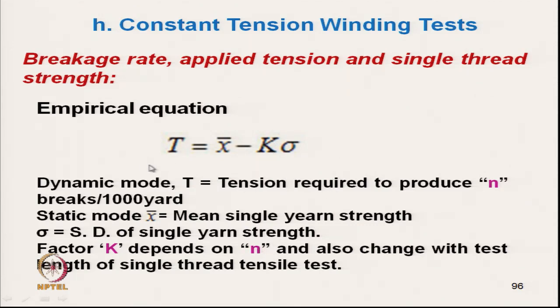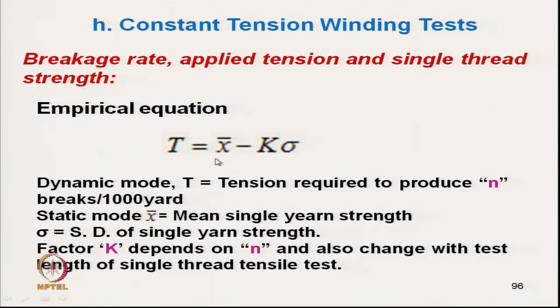So, this is probably the only empirical equation which gives the relationship between dynamic strength and static strength, where K is the constant which depends on the number of breaks n and changes with the test length of the single yarn.